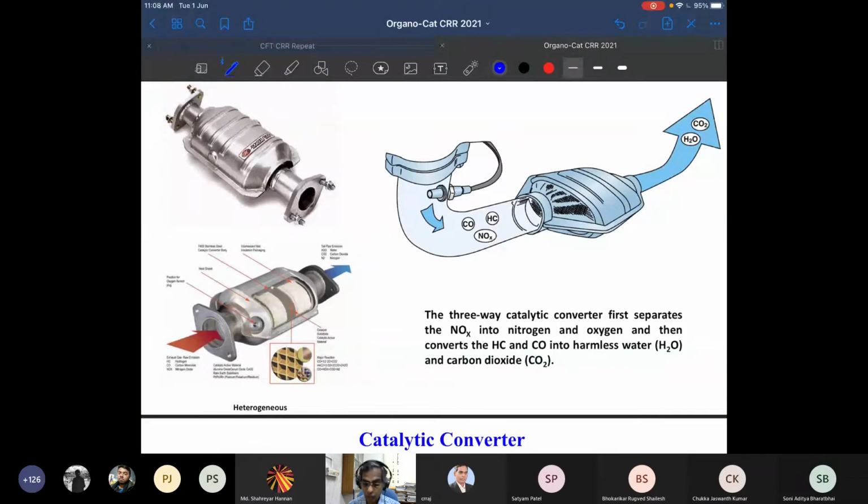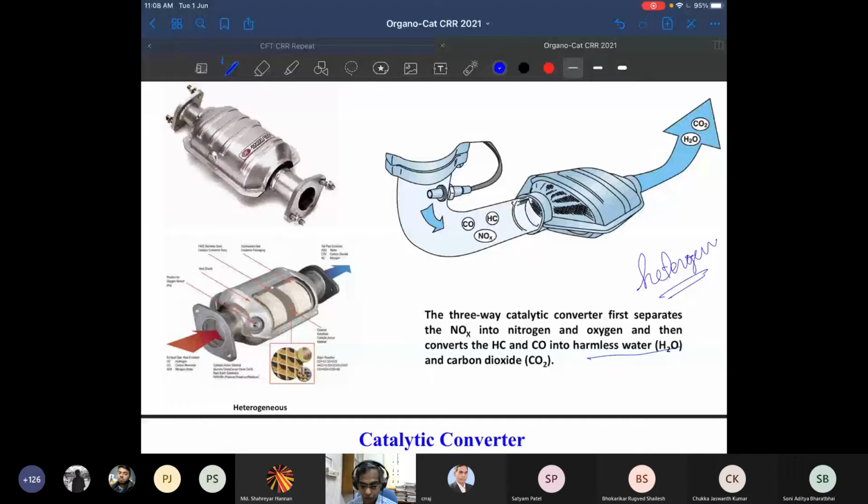This is an example where heterogeneous catalysis is taking place. What is happening is that the platinum particles on the catalytic converter convert the harmful gases into harmless water. That's the purpose of the catalytic converter.